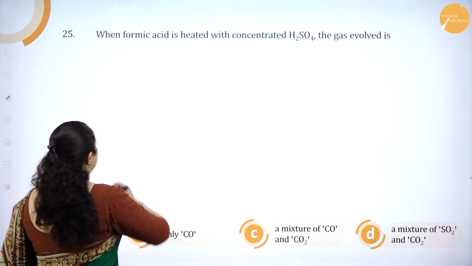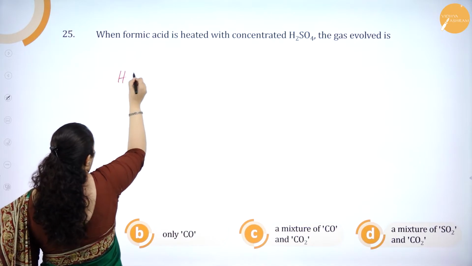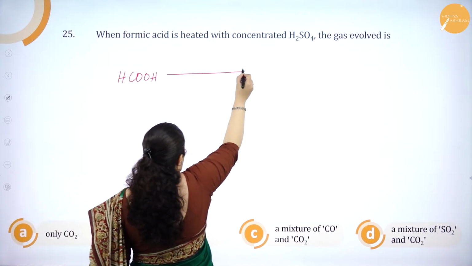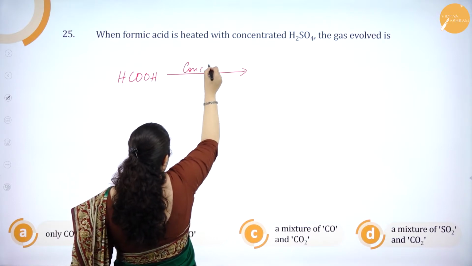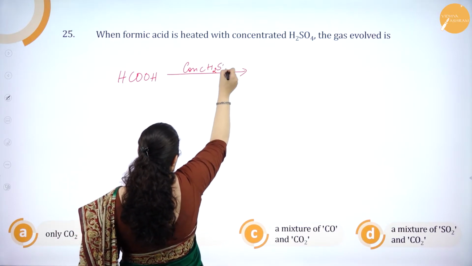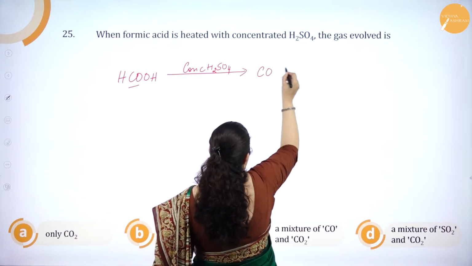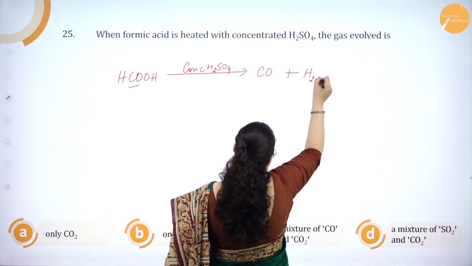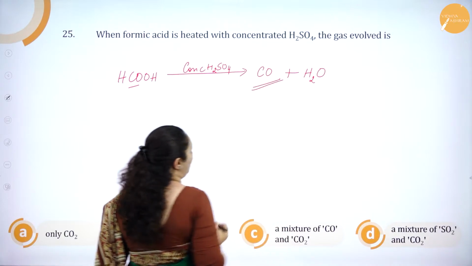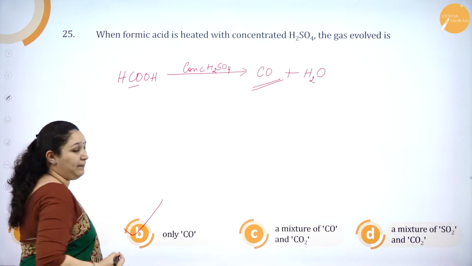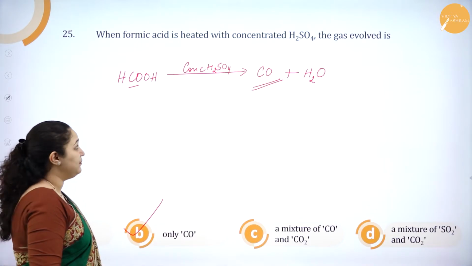Formic acid, HCOOH. When it is heated with concentrated sulfuric acid, H2SO4, what do you get? Carbon monoxide is formed and water is removed. So only carbon monoxide is formed. That is option B.